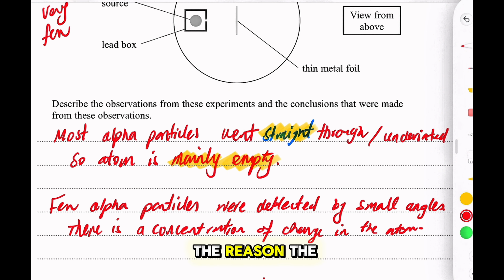The alpha particles are positively charged, and we have a large amount of positive charge accumulated at the center. We have a high concentration of charge in the atom, and you cannot say nucleus because we didn't discover the nucleus at that time, before this experiment.